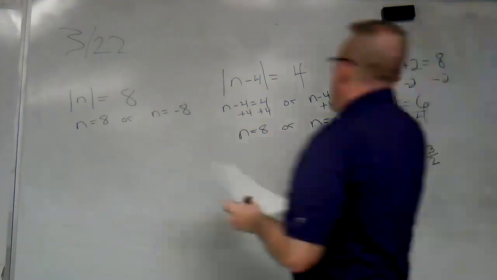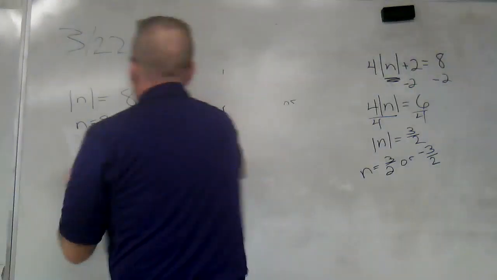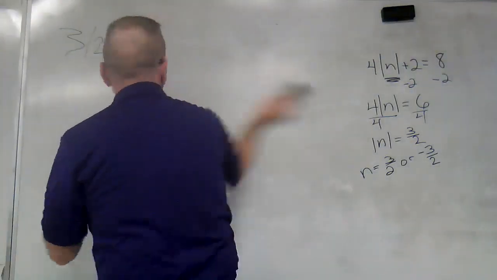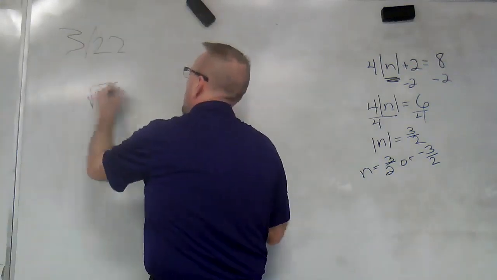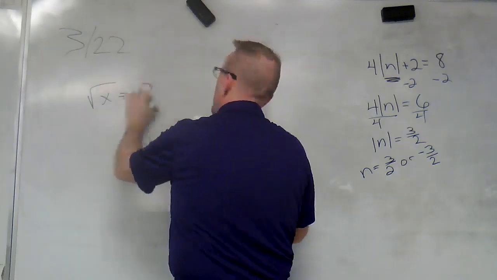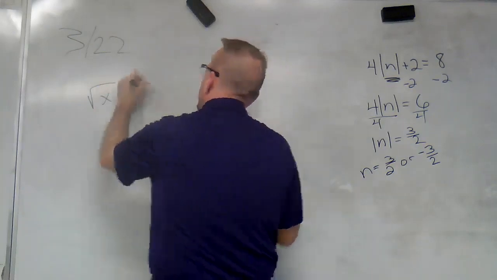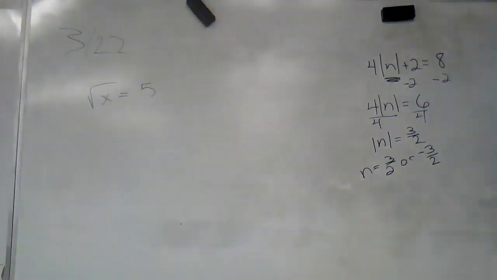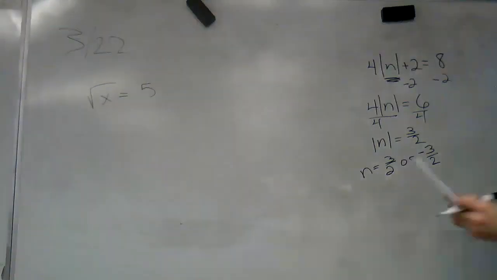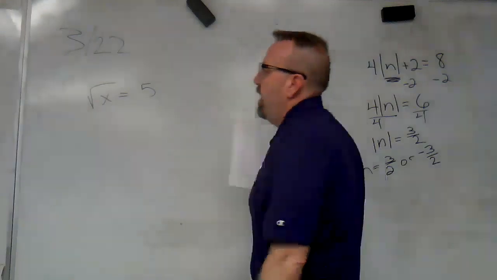Okay, let's do a couple. One other kind of problem. Let's do it this way. We have the square root of x equals 25.